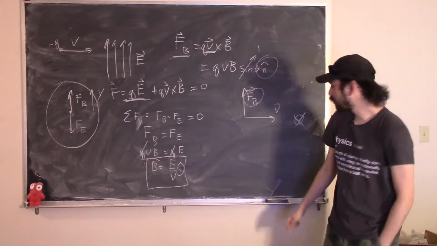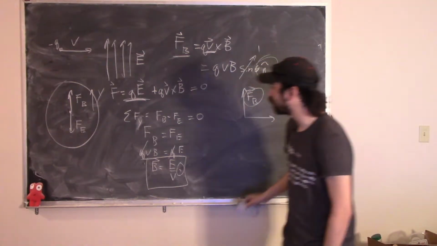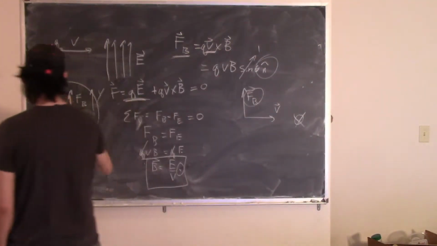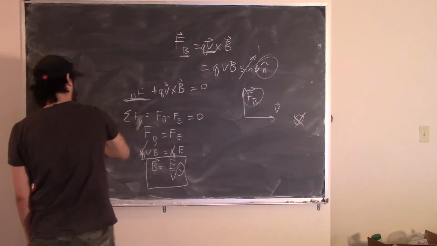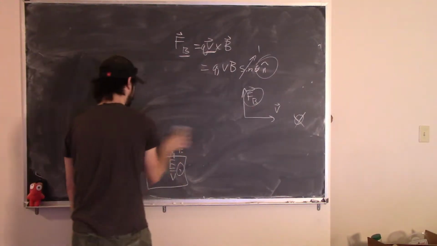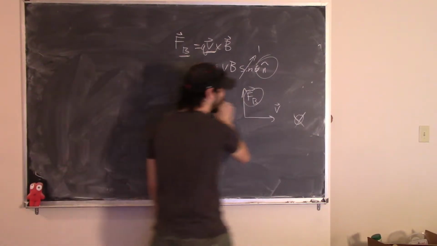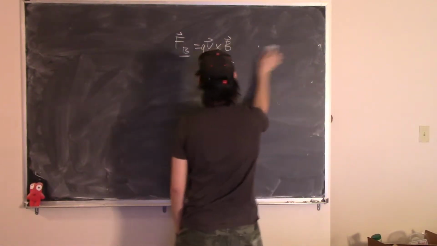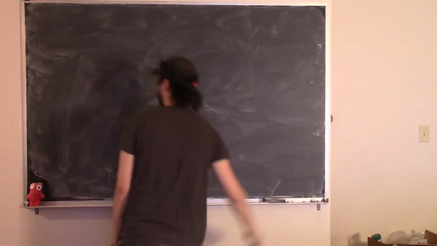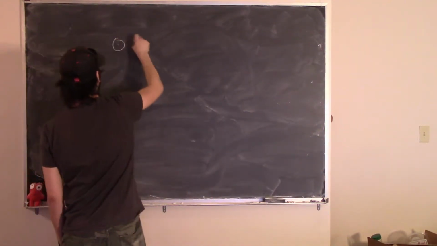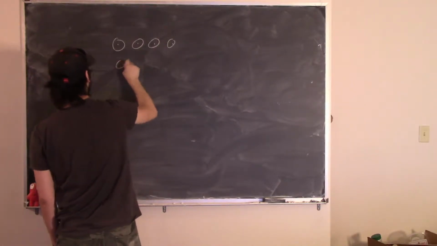Okay, so the next question follows in the same spirit as this one. In this case, I have some magnetic field that's going to be pointing out of the board. So I have a magnetic field represented like this.